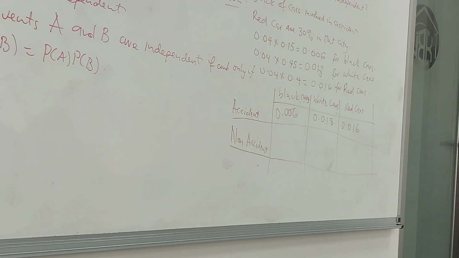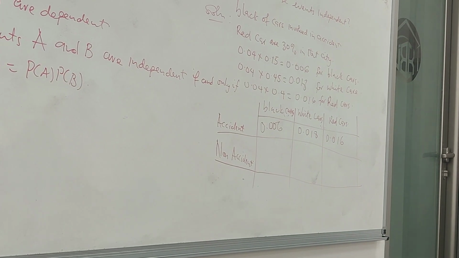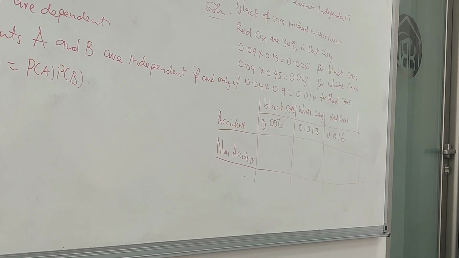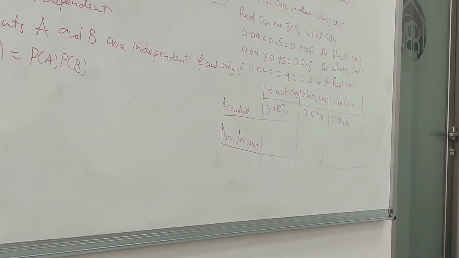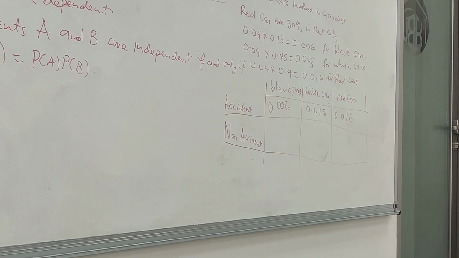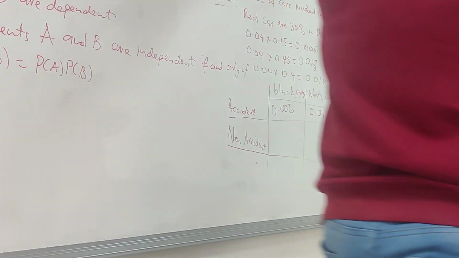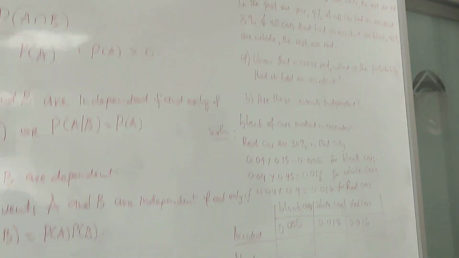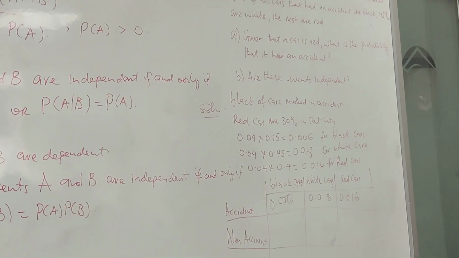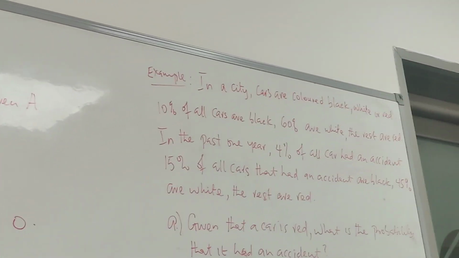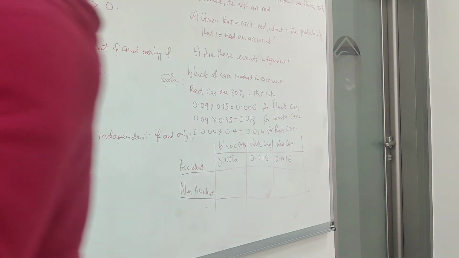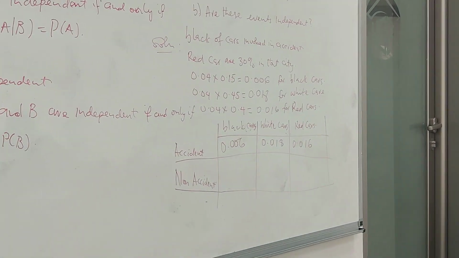To calculate those that are not involved in an accident, for the first part, we have 10% of all cars are black.